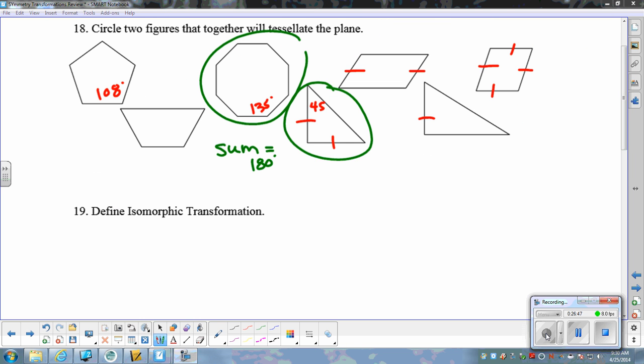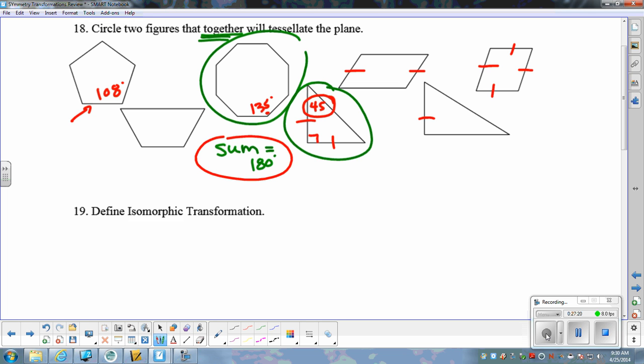Taking a look at number 18, we want to see which two figures together, so this is different than individually, will tessellate the plane. So we're still looking for angles that will add up to 180 degrees. We found the pentagon is 108, octagon is 135. This, an isosceles right triangle, we are assuming that it is a right triangle, which we shouldn't usually do, but we will in this one case. We have then a couple quadrilaterals and another triangle.